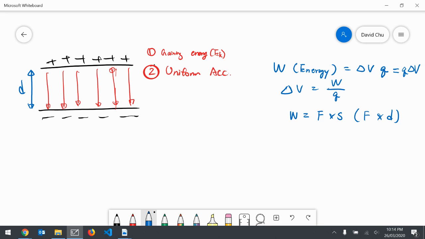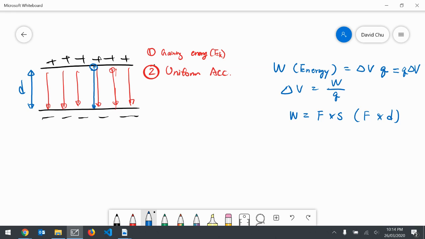So we're assuming that a positive charge is going to start from one end, moving all the way to the other end. That's the distance it needs to travel. If a constant force is being applied, then the work done is the distance times that force.